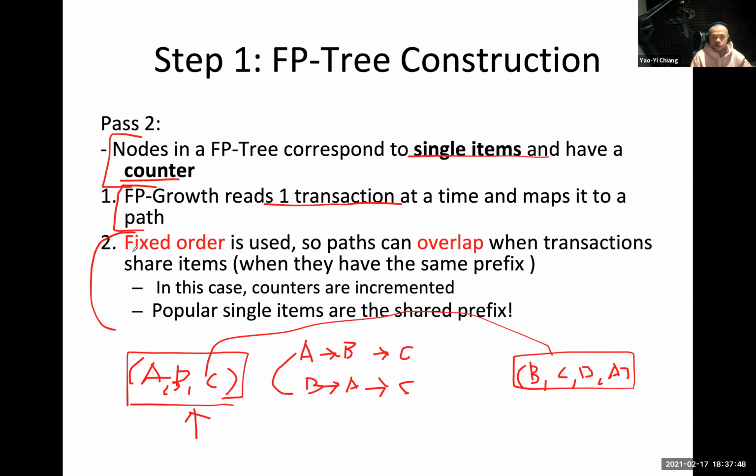So that's why we're going to use a fixed order to order all the items in the basket, so that the paths can overlap when transactions share items. We're going to see some examples, so if you're not clear about this, you're okay. We are going to increment the counters to indicate how many paths go through a node, and popular single items will be the shared prefix. Let's look at some examples.